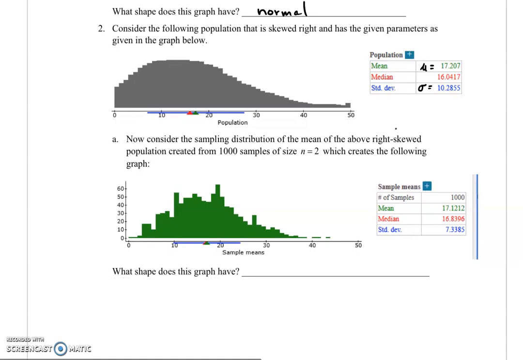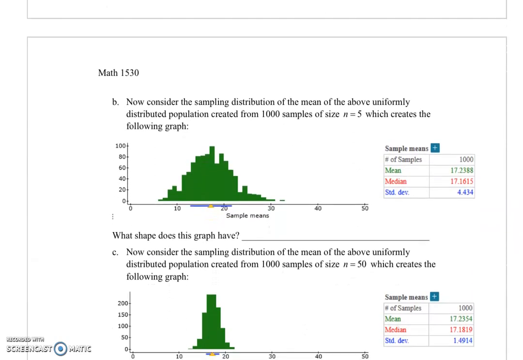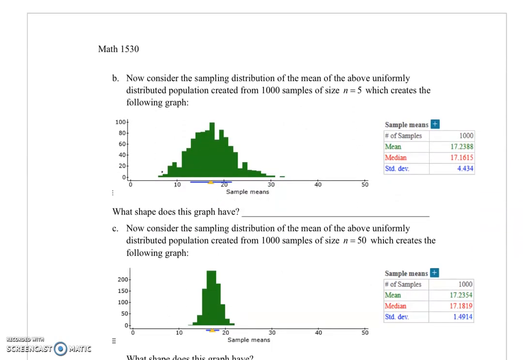Now, what if we take samples of 2? If we look at this histogram, we see that with sample sizes of 2, we're still a little bit skewed to the right. What happens if we increase our sample sizes to 5?